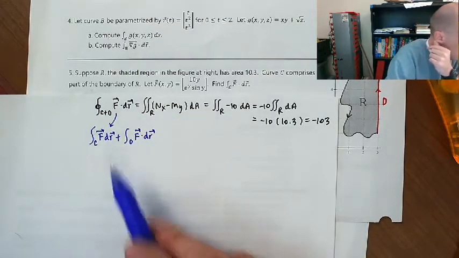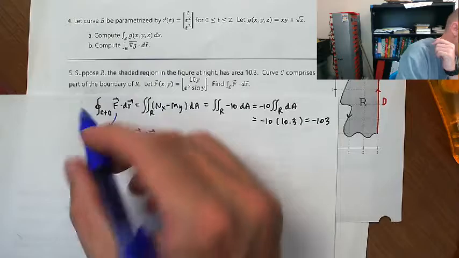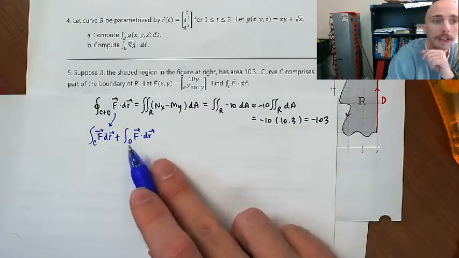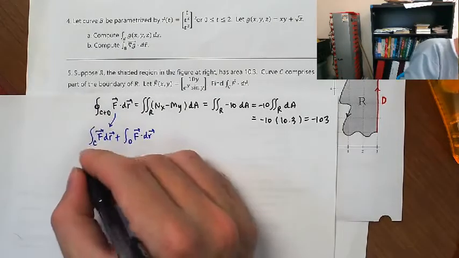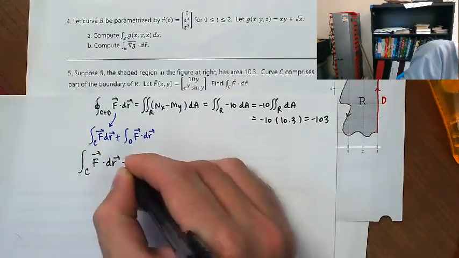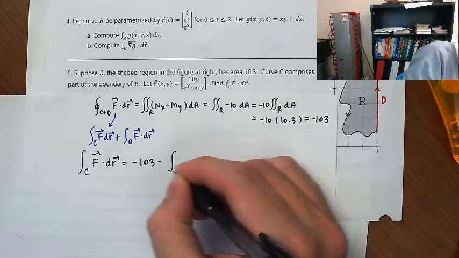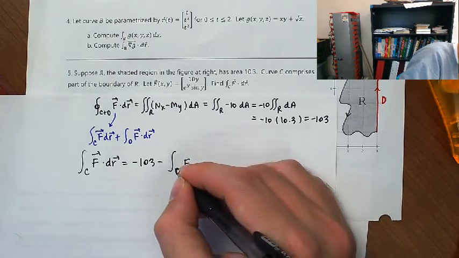Okay, so if I add these together and I get negative 103, and this is the thing that I'm trying to find, I'm going to take this negative 103 and subtract the integral over curve D of f dr. And we can do that. Okay, so the integral over C of f dr is going to be the double integral minus the integral over curve C. No, over D, pardon me.